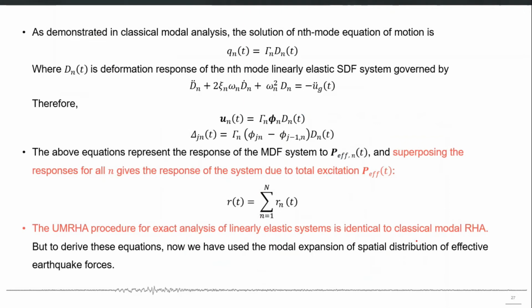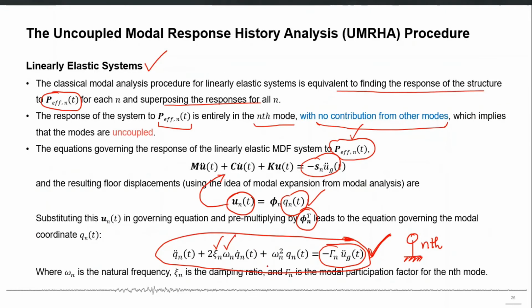So the response which can be calculated by solving this equation, because this equation for the nth mode at the bottom is in the q coordinates. So when we put that u into q coordinates in the original equation, we get this equation. This is same as the classical modal analysis procedure.